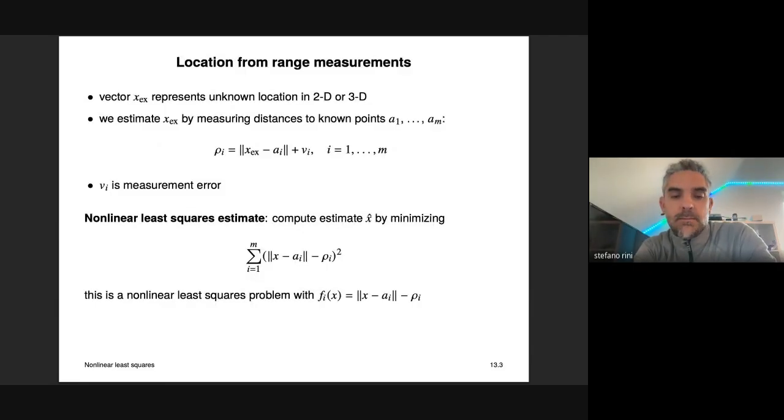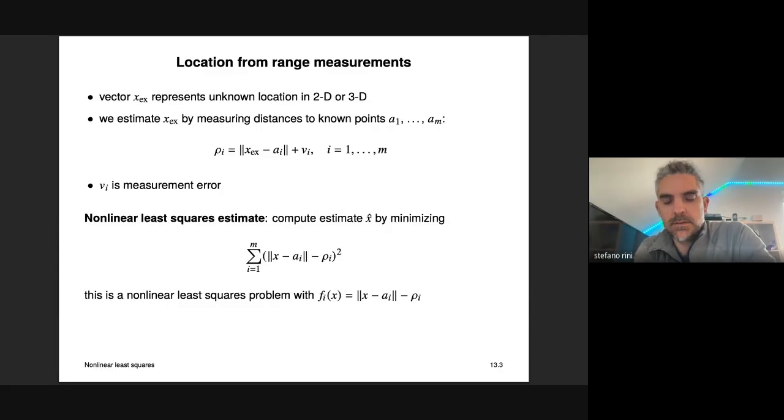Let's say that we have some unknown location, and we are measuring the distances to some known points. You can imagine that you have multiple microphones, and each microphone is picking up the signal emitted by a certain element in the field, and the power is proportional to the distance through some coefficient, so you know how to find the distances.